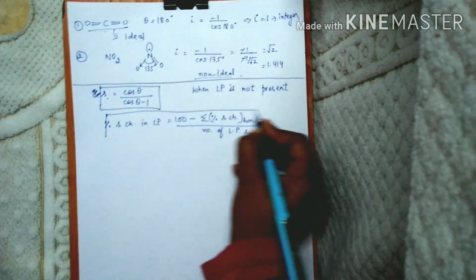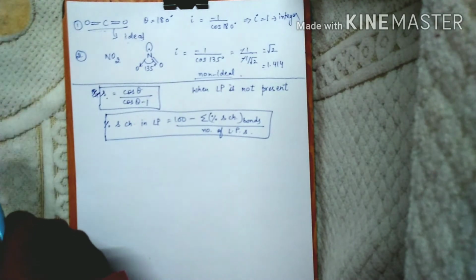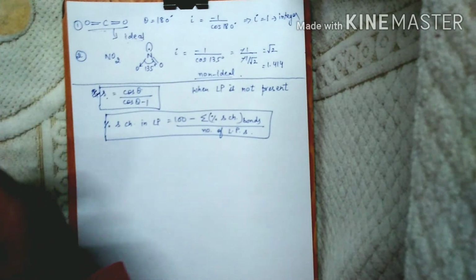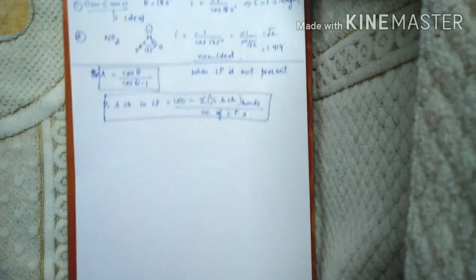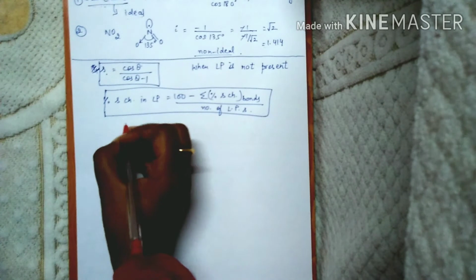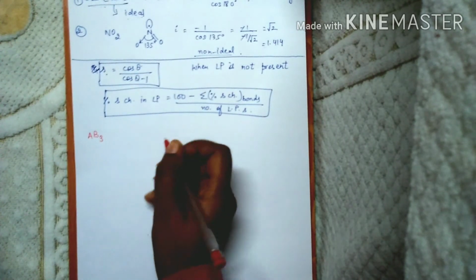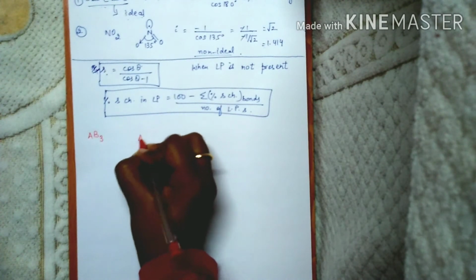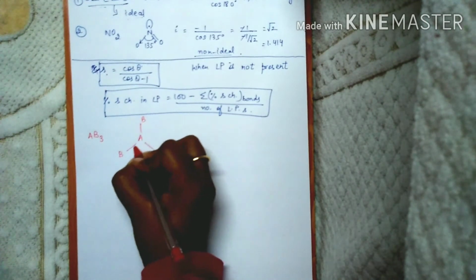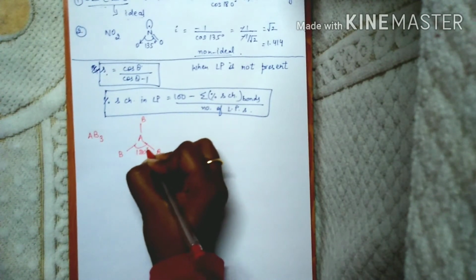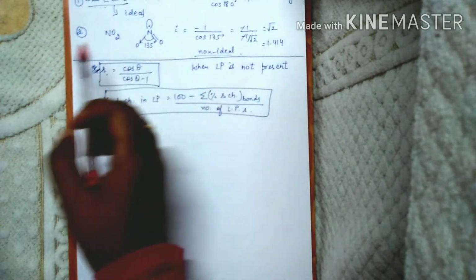How to apply these formulas? We'll take an example and then solve it. For example, we have a molecule AB3. Each bond angle is 120 degrees. Here lone pair is not present, so we'll apply this formula.